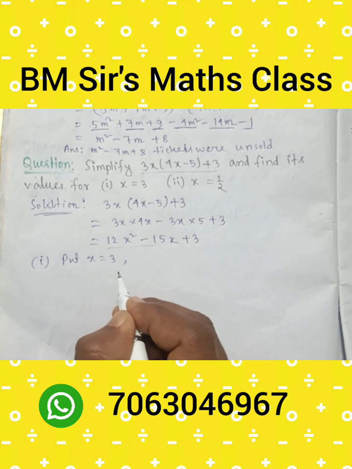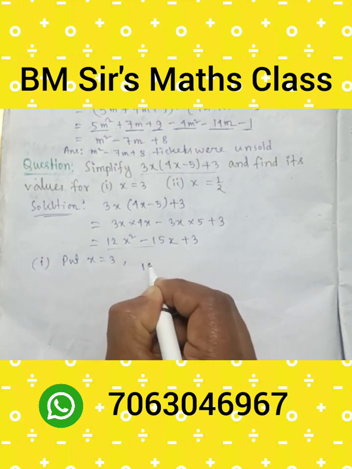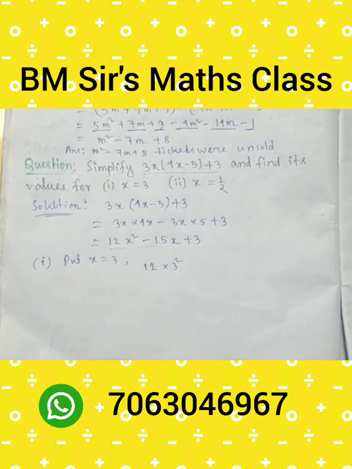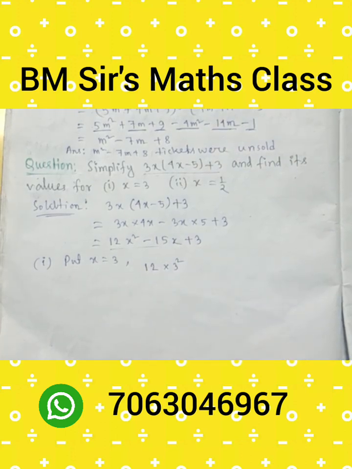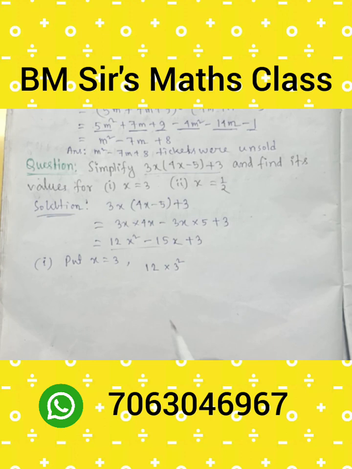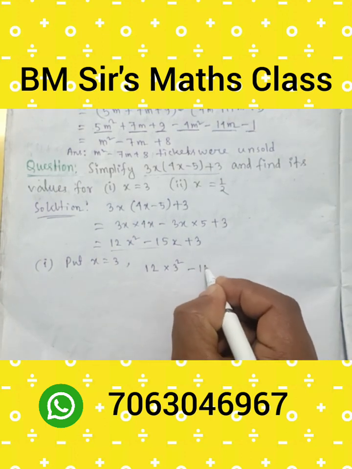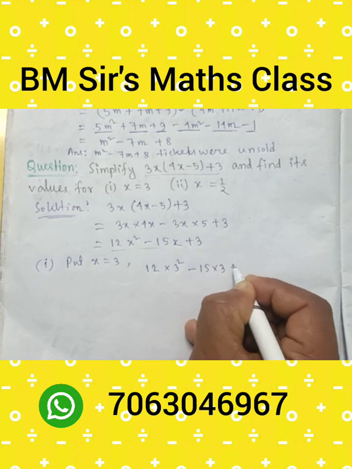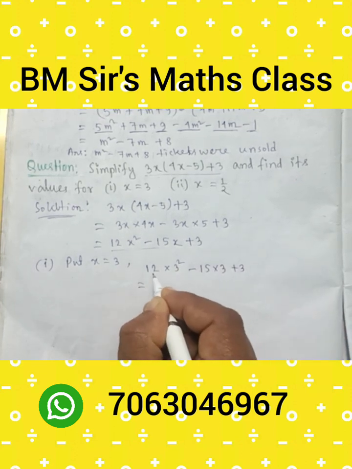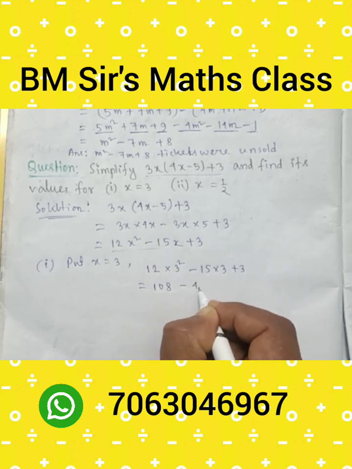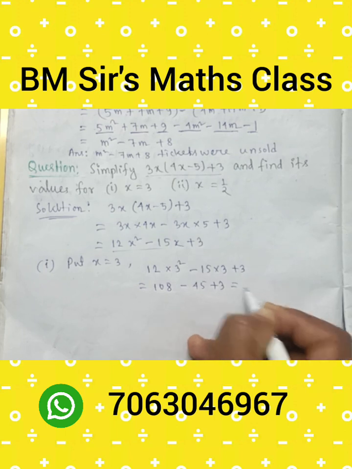Then if you put this value, you will get 12 into 3 square. Put x equal to 3, that means in place of x put 3. Here x square is there, so it will be 3 square. Minus 15x, that means minus 15 into 3 plus 3. So it is 12 into 3 square, 9, 12 nines are 108, minus 15 into 3 is 45, plus 3.